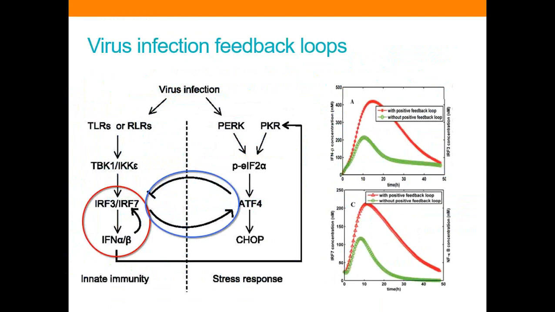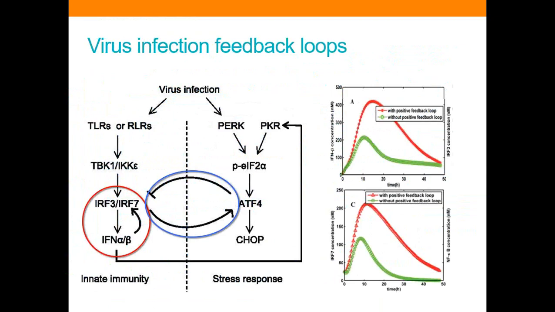You basically get double the concentration of interferon beta production because of an increase in another one of the interferon response factors, which is IRF7, which essentially is IRF3 in combination.